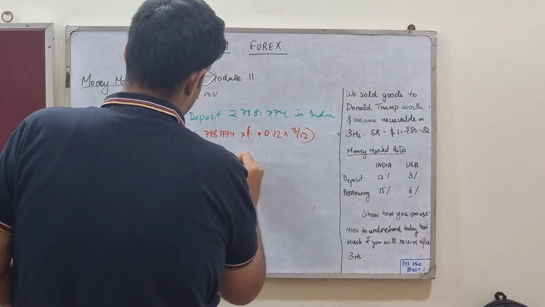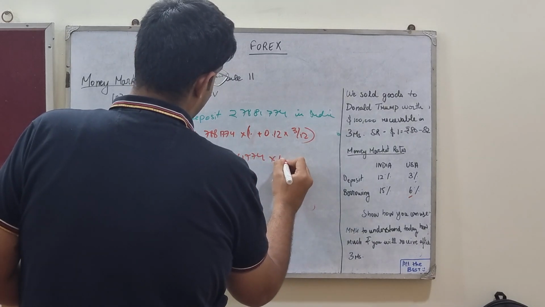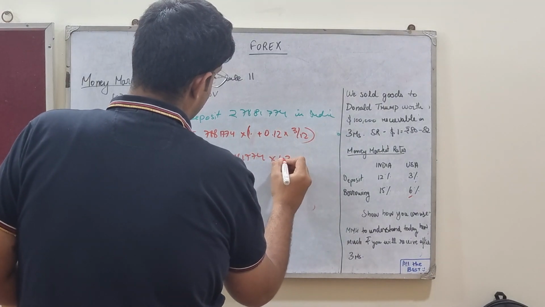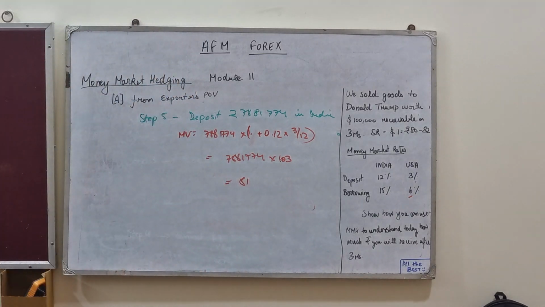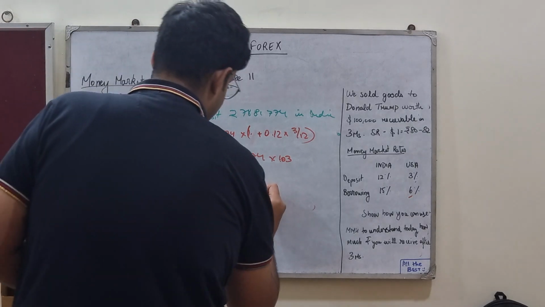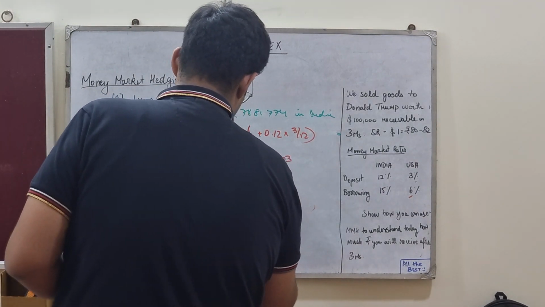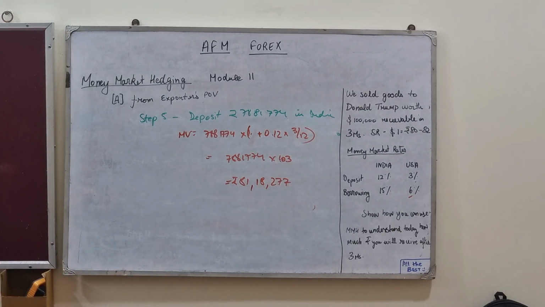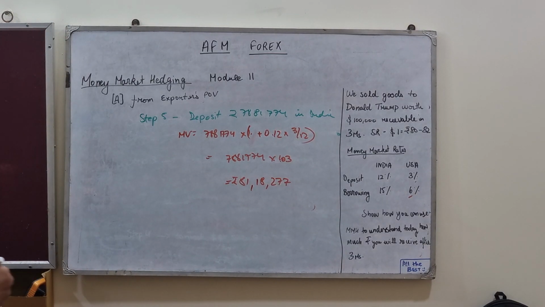That should give me 78,81,774 into 0.03. That should be 81 something. 81 lakh 18,277 rupees. Now we know that we'll be receiving 81 lakh 18,277 on the due date.